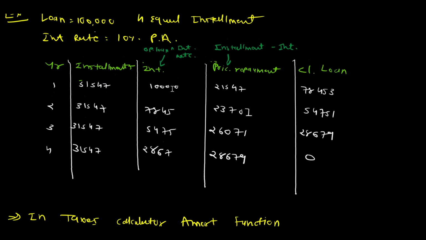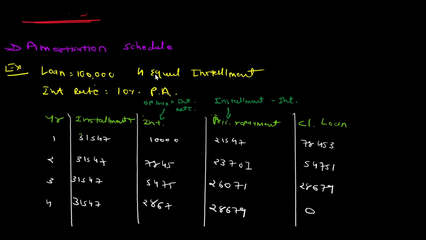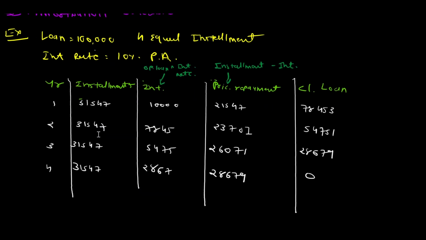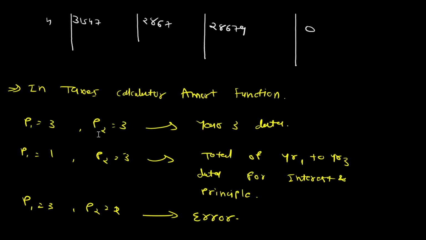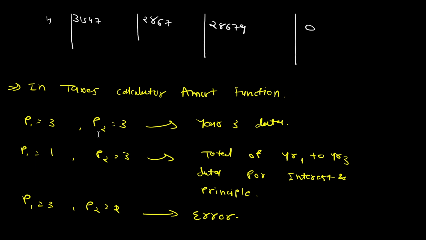Just enter clear, second, clear TVM, and enter the present value of 1 lakh. 4 is N, I/Y is 10, payment is 31547 in minus, and compute. Then press second and amortization, and you will get the option of entering P1 and P2.